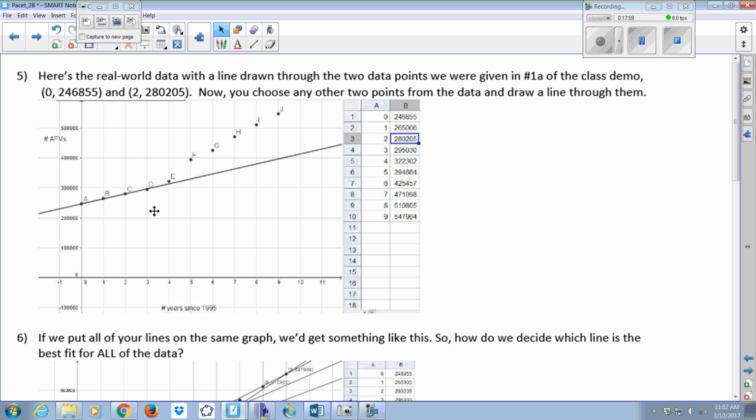Not too bad, right? Out to here. But what happened in our class demo when we asked for year 8, the year 2003? We were down, right? A lot. Does anybody remember how far underestimated we were?